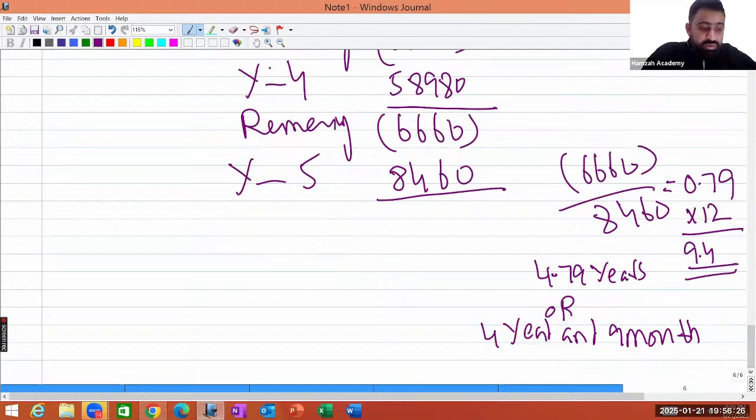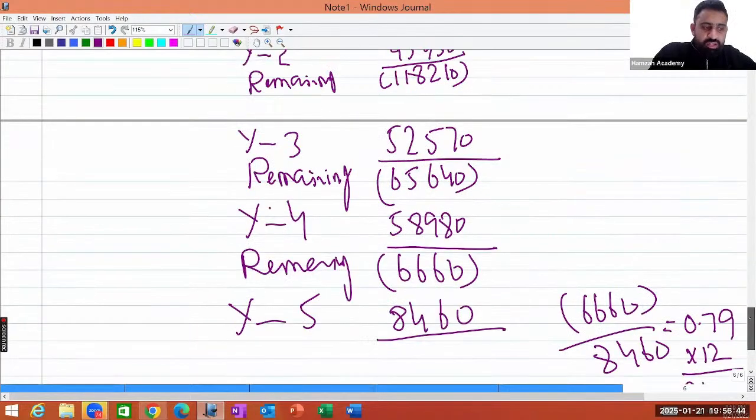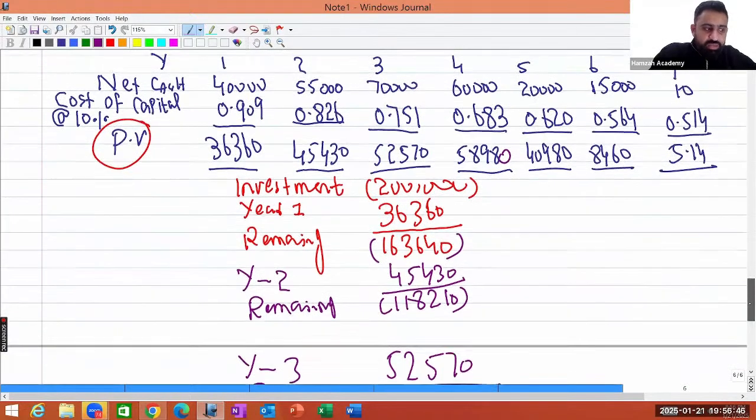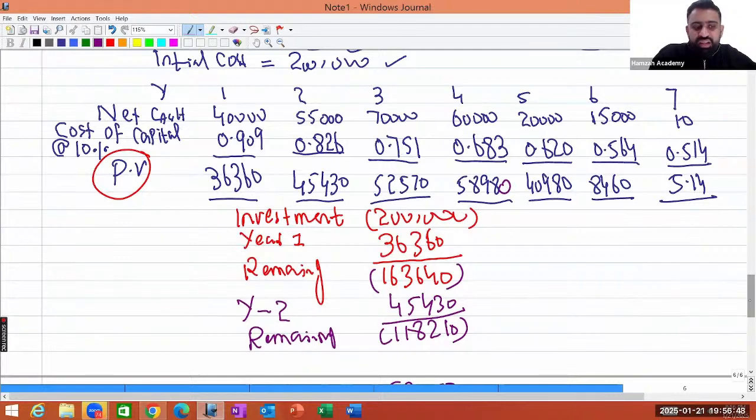Now, discounted payback is always greater than the simple payback period because in discounted payback, we are using the discounted cash flows method to calculate the payback period.